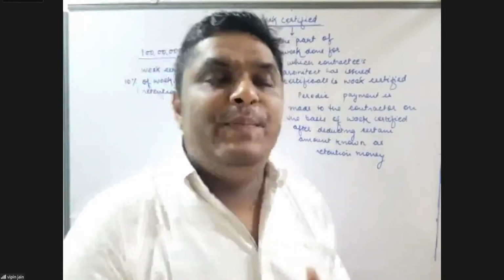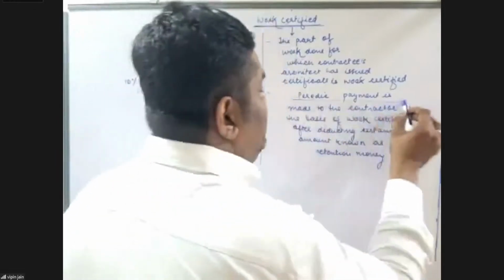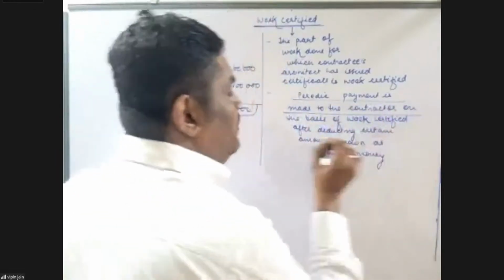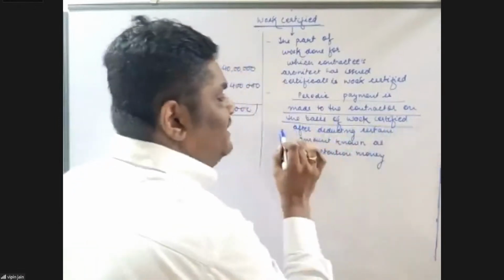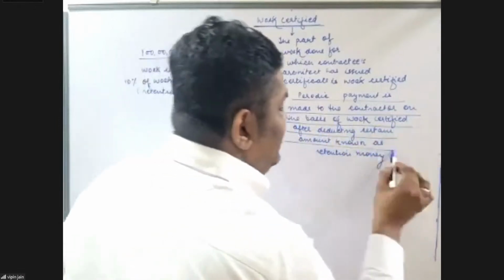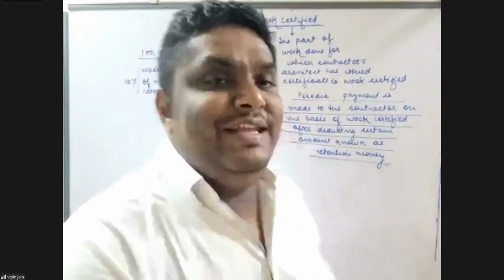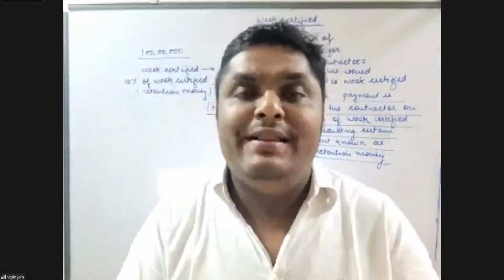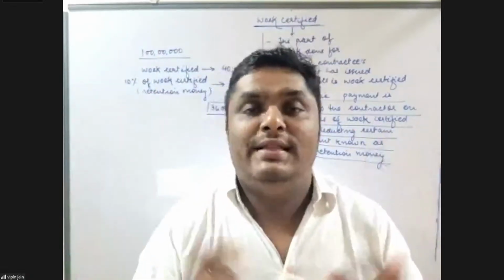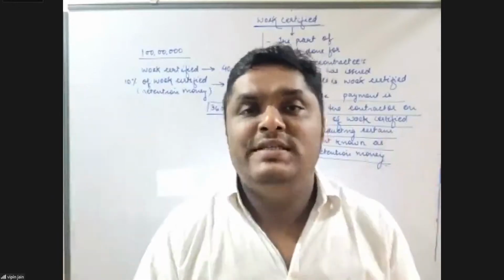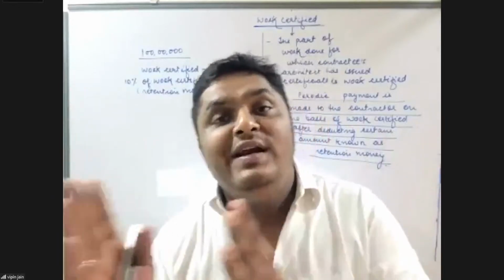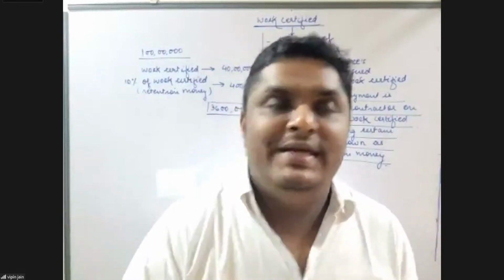He releases the periodic payment. That is, the periodic payment is made to the contractor on the basis of work certified after deducting certain amount known as retention money. That is, in simple terms, what does the contractee do? He releases the payment to the contractor. On what basis? On the basis of work certified after deducting certain amount known as retention money.